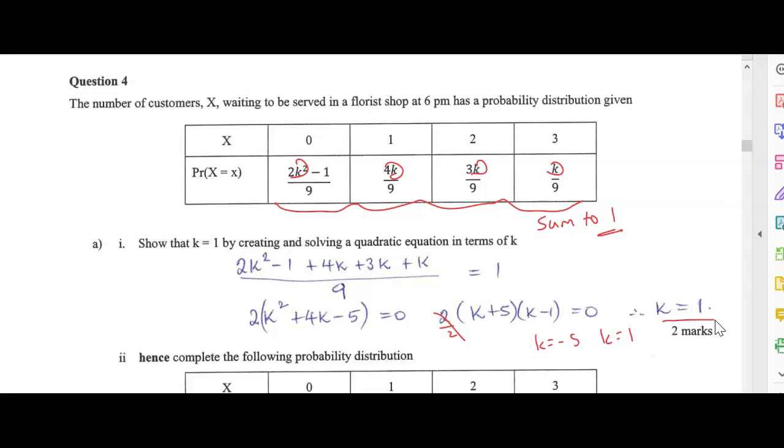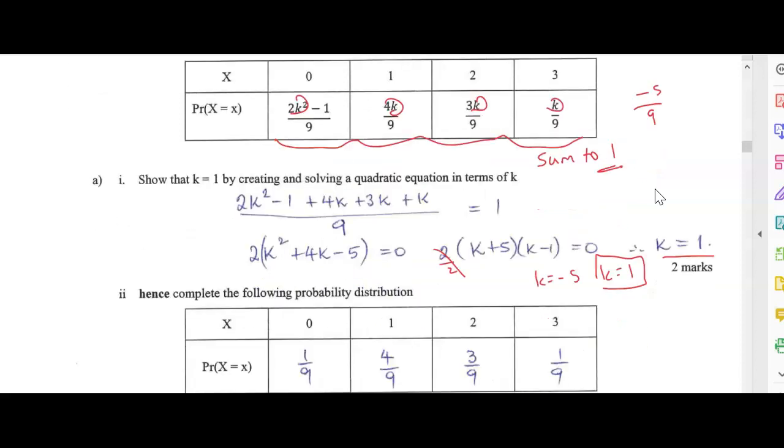So remember, your probability has to be between 0 and 1. So that's why k has to equal 1. Because if we substituted k equals -5, let's say for 3, we're going to have -5 on 9, and we can't have a negative probability. It has to be between 0 and 1.